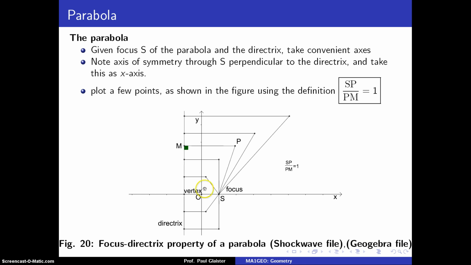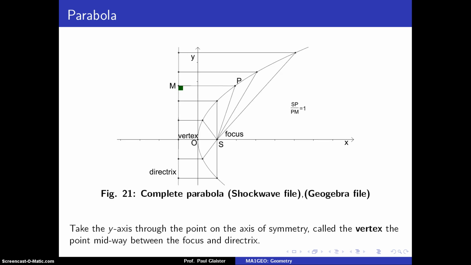Now we've also shown a few other points, and say for example this point P here, that distance PS is the same as PM. So our task is to determine, for any point on this locus, in terms of its coordinates x and y, a relationship between those two. If we join up all those points, you'll see by considering a number of different cases we get a smooth curve, and that's going to be the shape of the parabola.